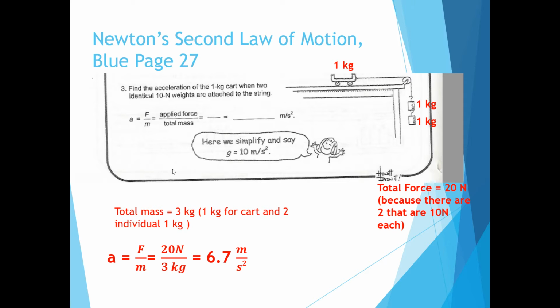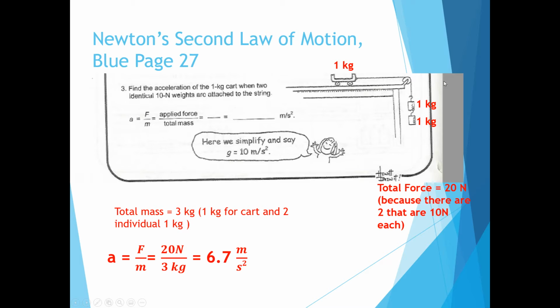Number 3 is similar, except now they ask us to find the acceleration of the 1 kilogram cart when 2 identical 10 Newton weights are attached to the string. This time we have 1 kilogram and 1 kilogram hanging off the string, and 1 kilogram in the cart, so that would be a total of 3.